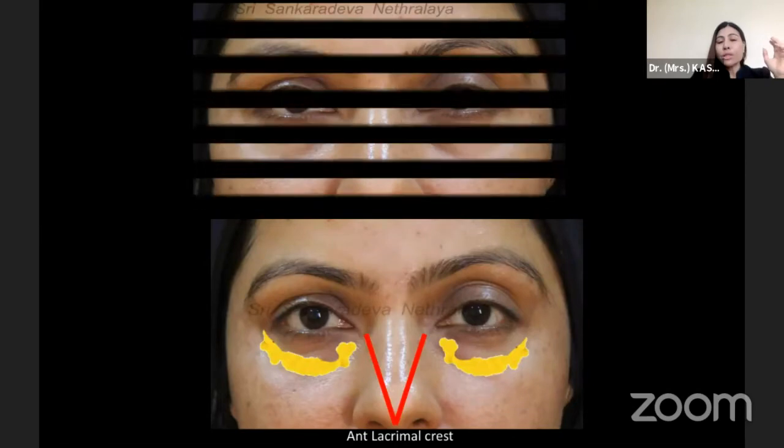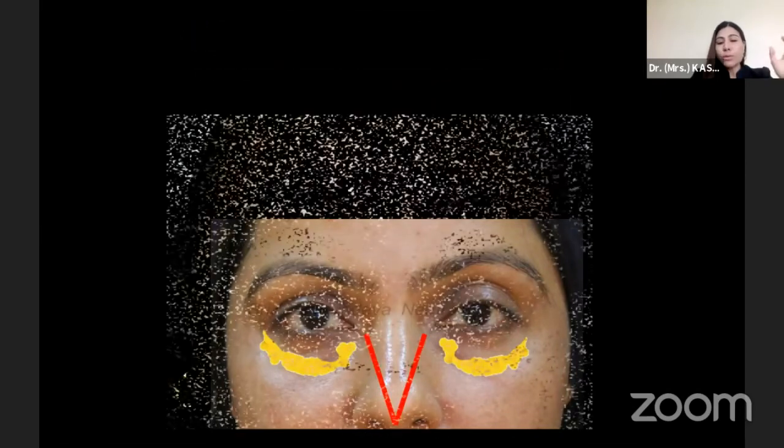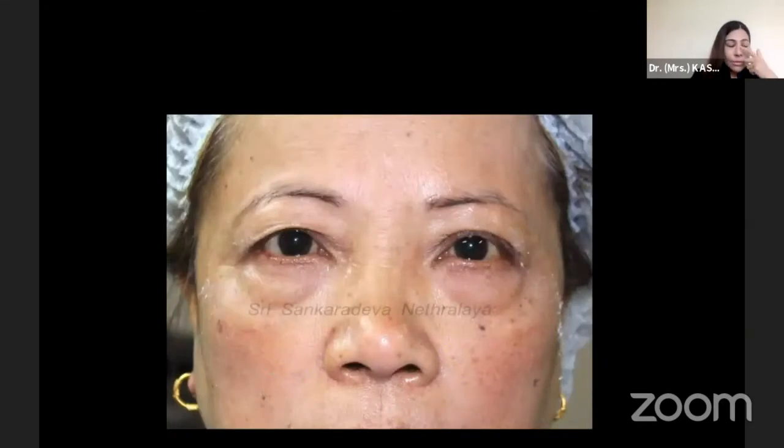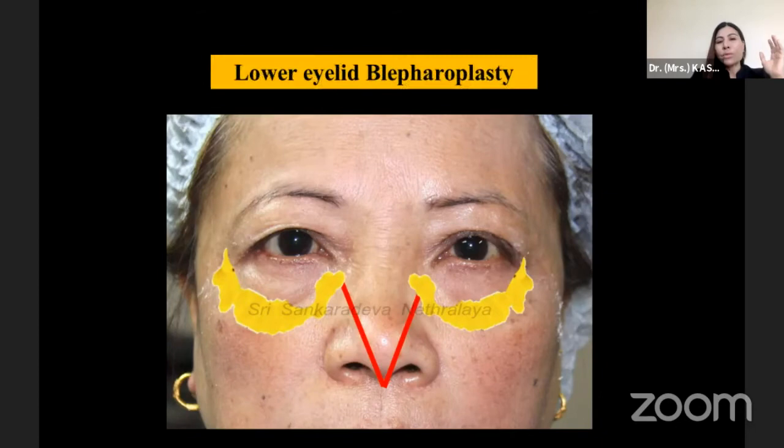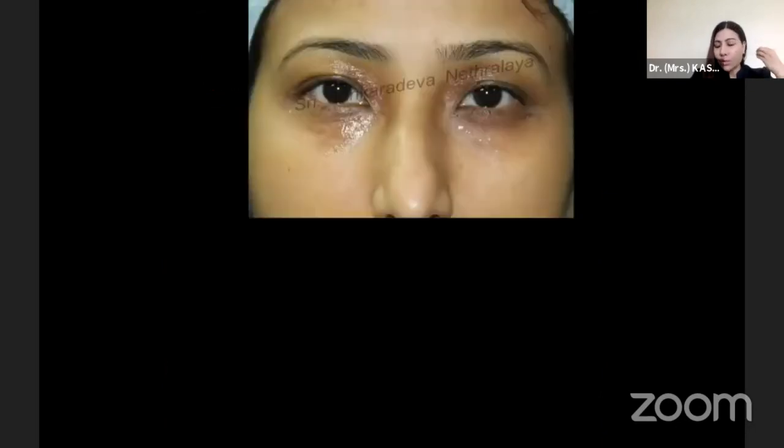But if you have a much more elderly lady with too much fat bulging, which lies much anterior to the anterior lacrimal crest plane, then this is an indication for a lower lid blepharoplasty. So this is how we differentiate whether we'll go for an injection or for a surgery.